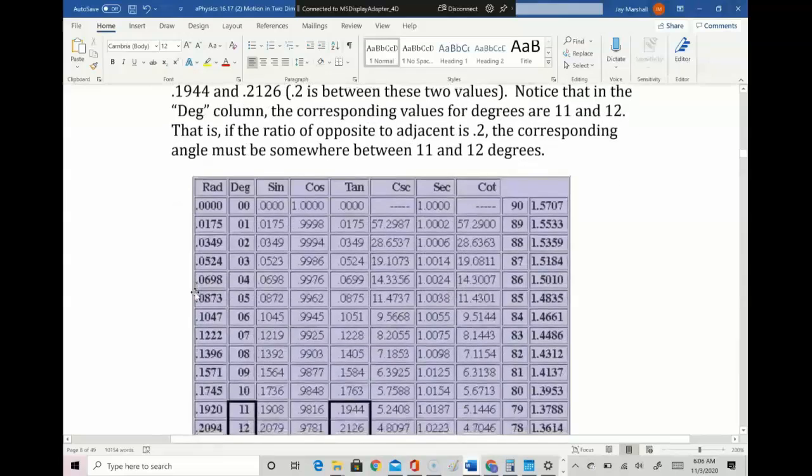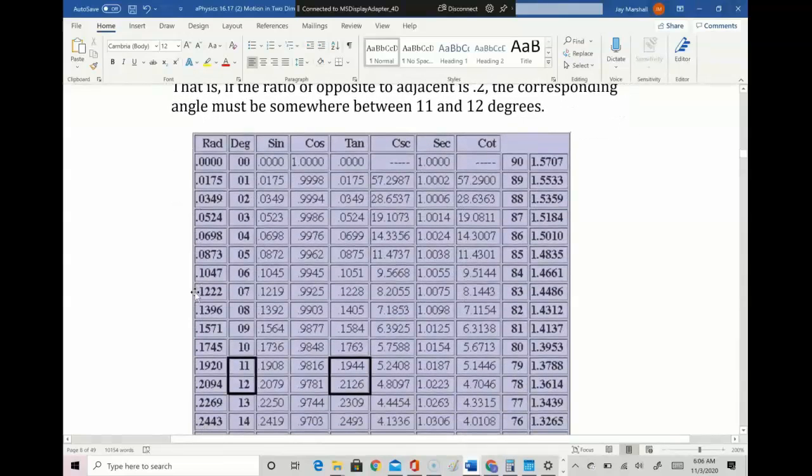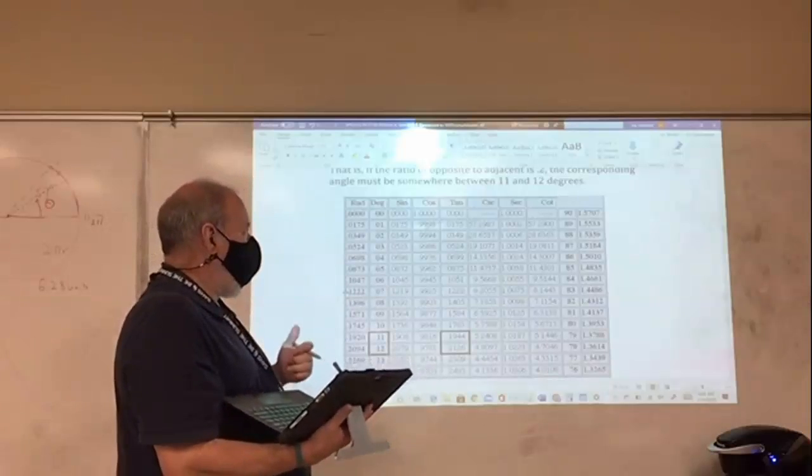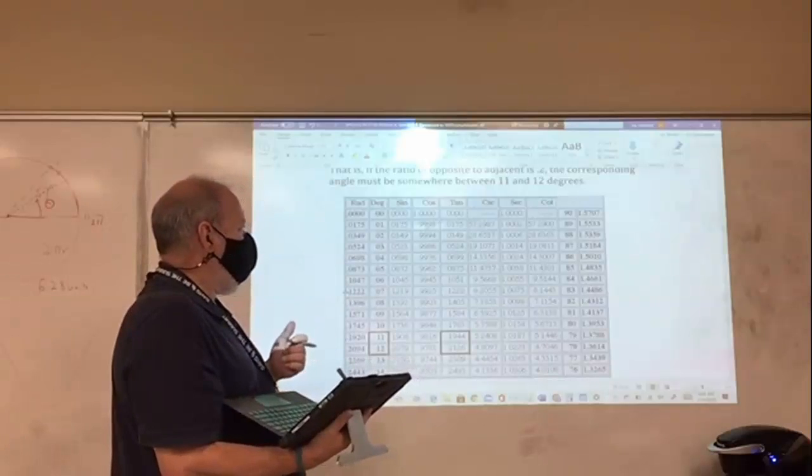And this is the reference that I'm talking about here. Okay, this is the trig table. And for a certain number of degrees, it tells you what the sine and the cosine and the tangent are. Or conversely, if you know what the sine, tangent, and cosine are, you can find out what the number of degrees is. But it's not very sensitive. It only goes to degrees. It doesn't go to tenths of degrees or hundredths of degrees, at least not this table.